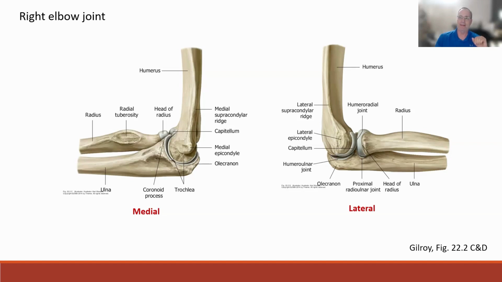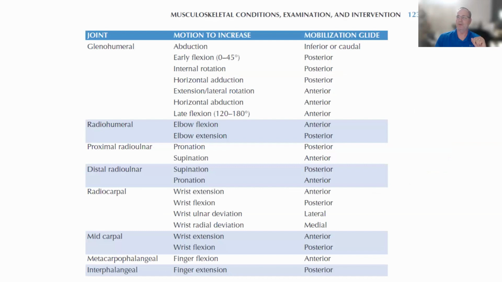And I wanted to bring this to your attention as well. So from our course manual, for those of you who have taken our 2-day course, you may recognize this, but we have put together a nice table that says, given a joint and the motion that you want to increase, this is the mobilization that you're going to perform.